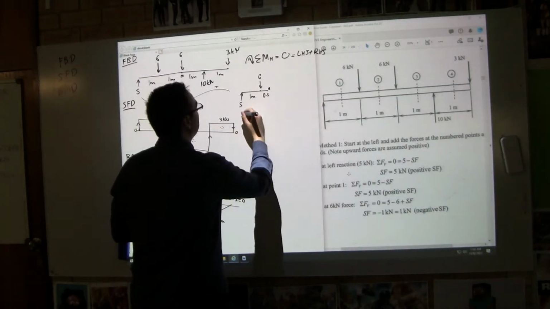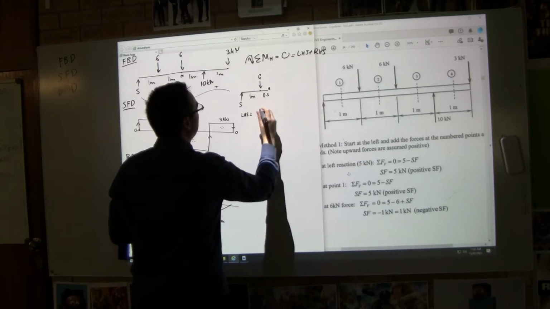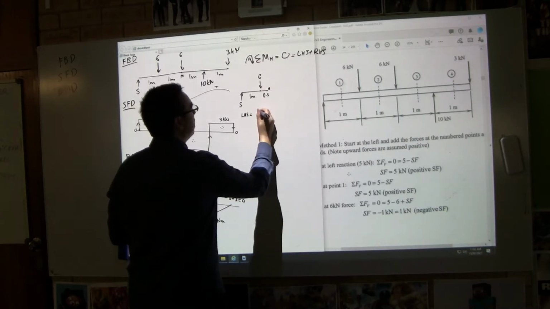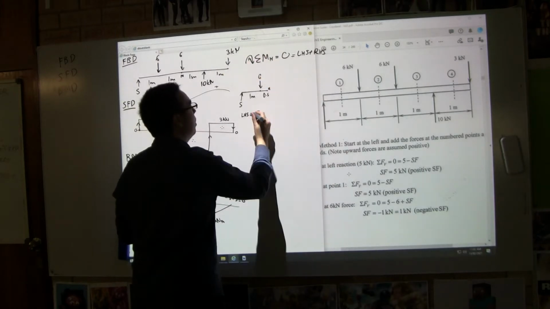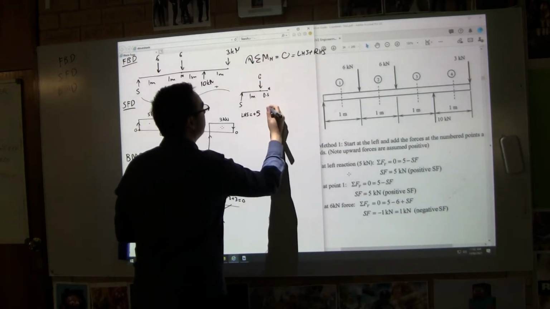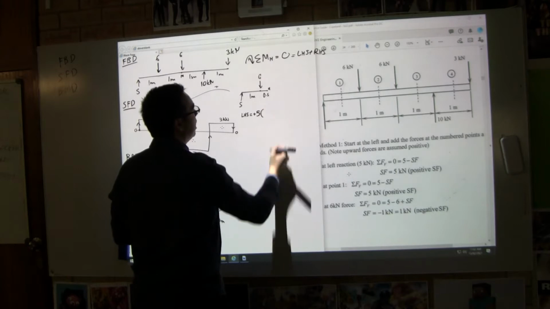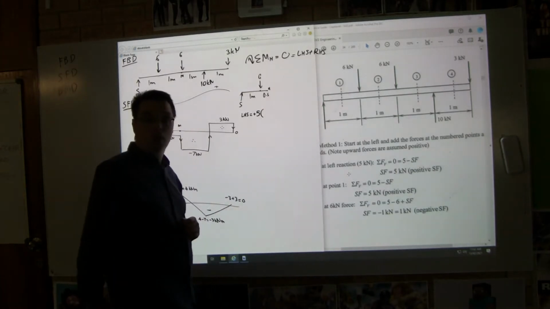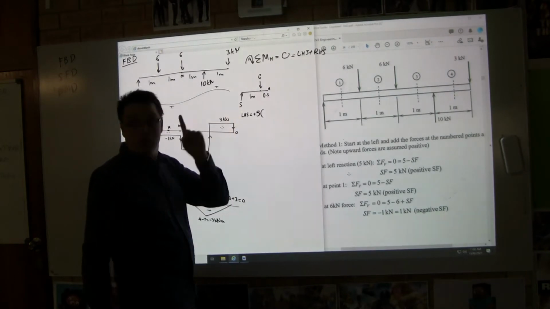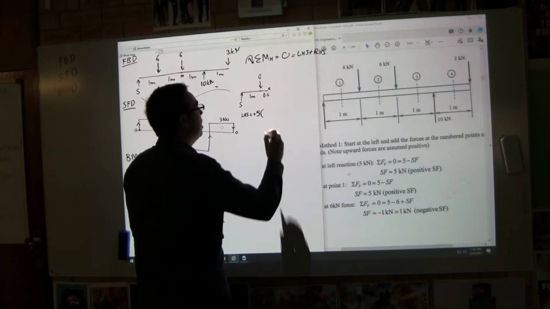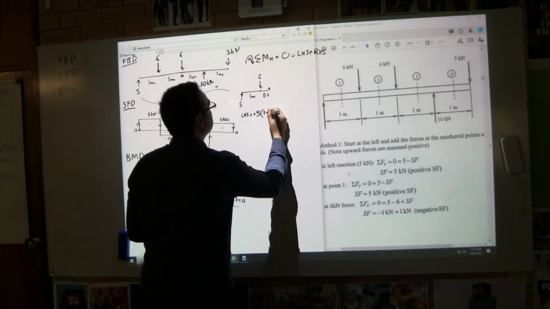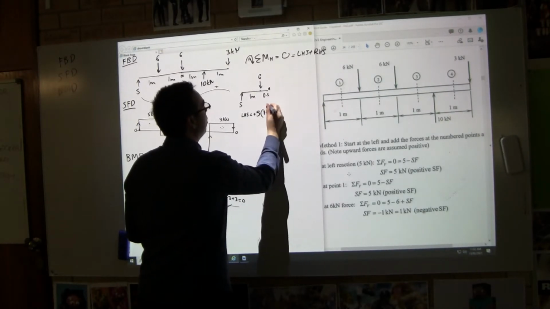So let's see what that looks like. We can say the left-hand side equals 5, is it clockwise or anti-clockwise? Clockwise, so we're going to say plus 5 times, how far away is it from point H? 1.5, well done, thank you very much. 1 plus 0.5 meters away, or 1.5.